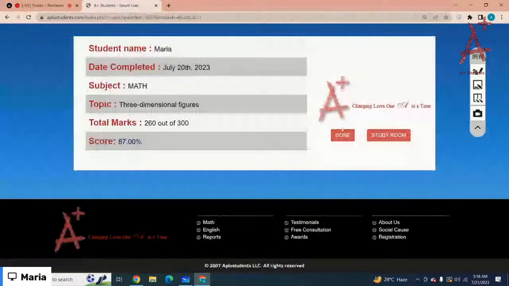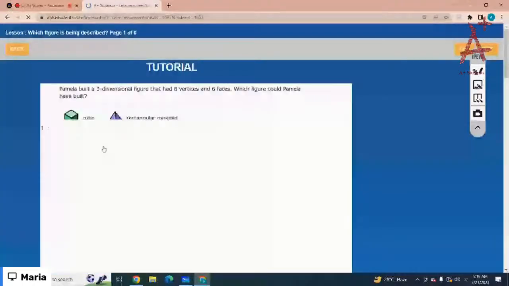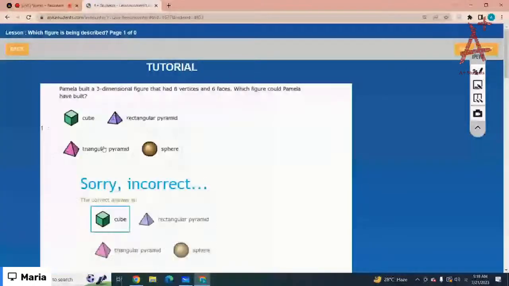Okay, we are done with the lesson. Let's just move on to the next lesson. Which figure is being described? Pamela built a three-dimensional figure which had eight vertices and six faces.